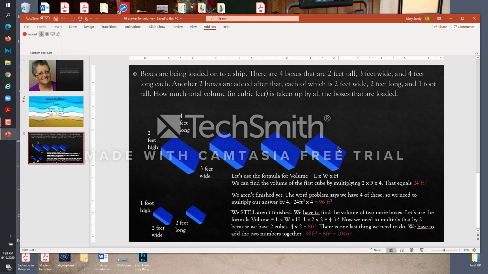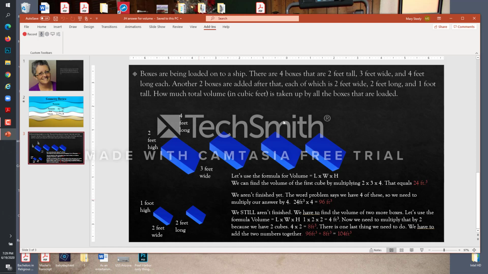So I made a little visual here. I got our 4 larger boxes and our 2 smaller boxes, and say the captain of the ship wants to know how much space those boxes are going to use up, because he needs to put some more cargo on there. So we need to let him know.